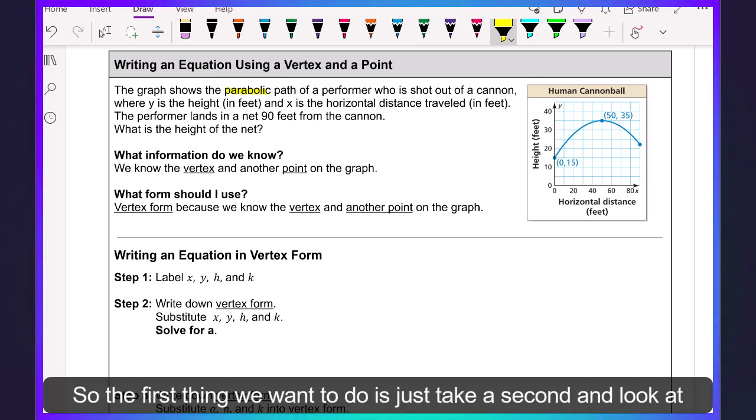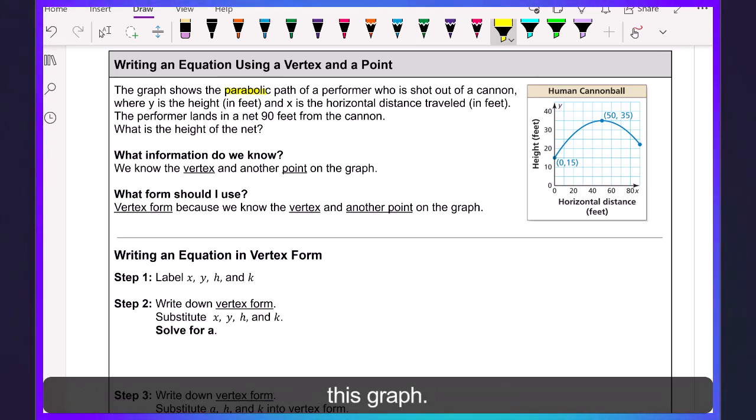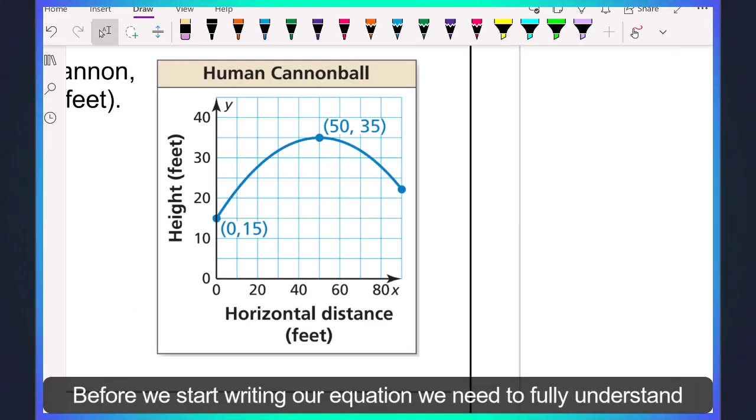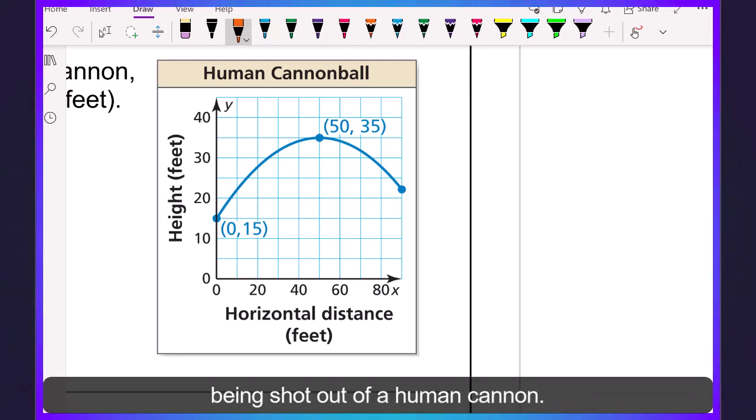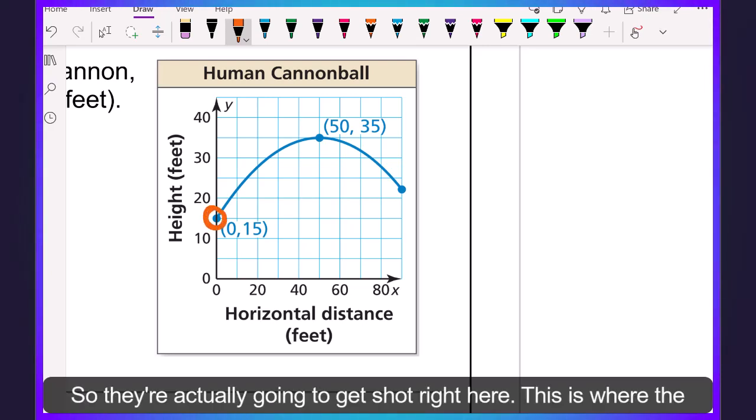So the first thing we want to do is just take a second and look at this graph. Before we start writing our equation, we need to fully understand everything that the graph represents. So we have somebody that is being shot out of a human cannon. So they're actually going to get shot right here. This is where the cannon is.